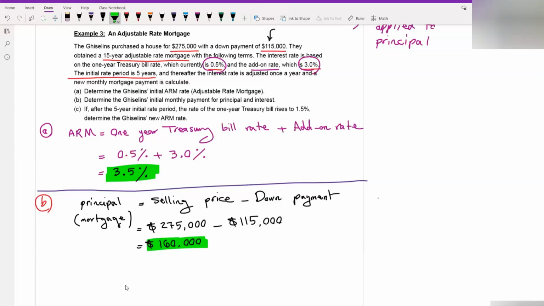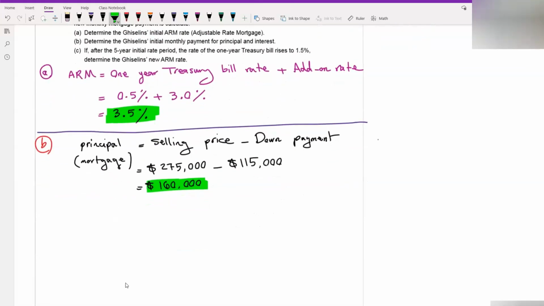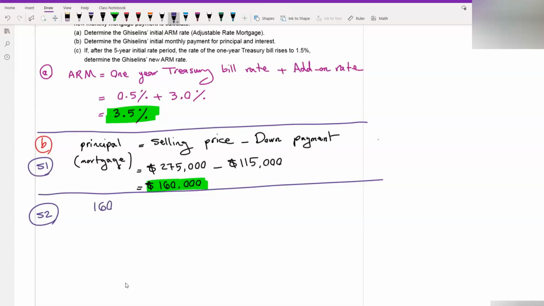The mortgage is $160,000, but since that part is per $1,000, we have to divide by 1,000. This was step one. Now here is step two: this number divided by 1,000, and that is equal to 160.